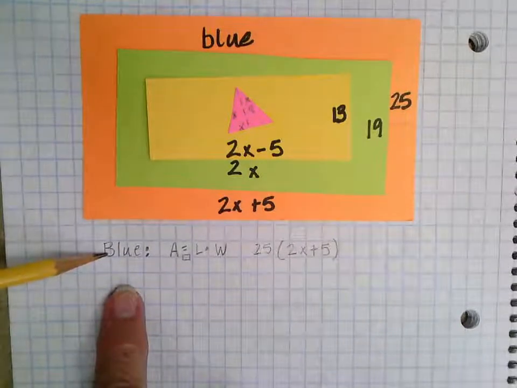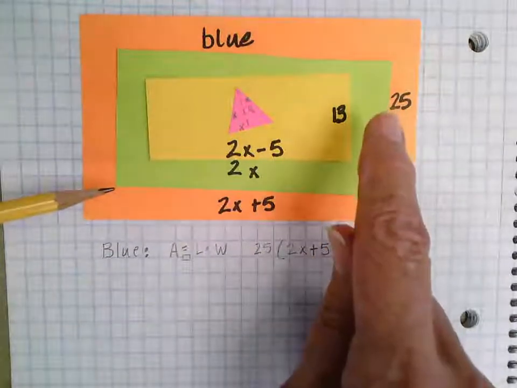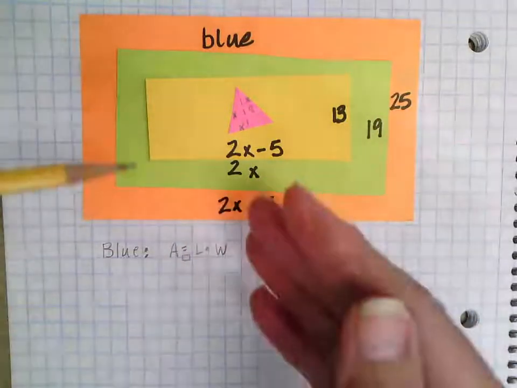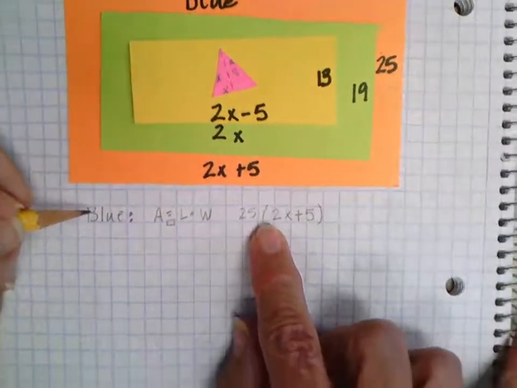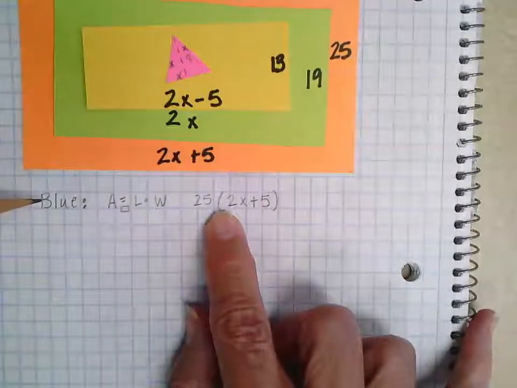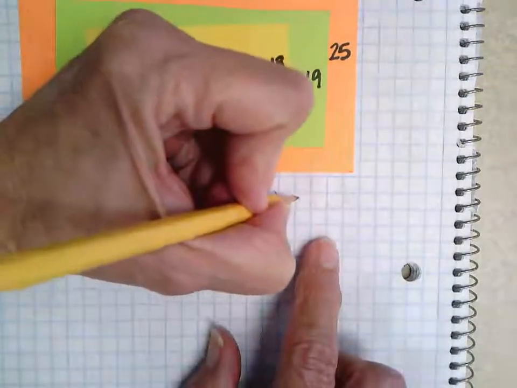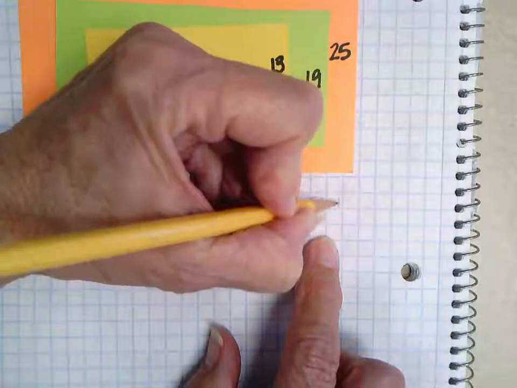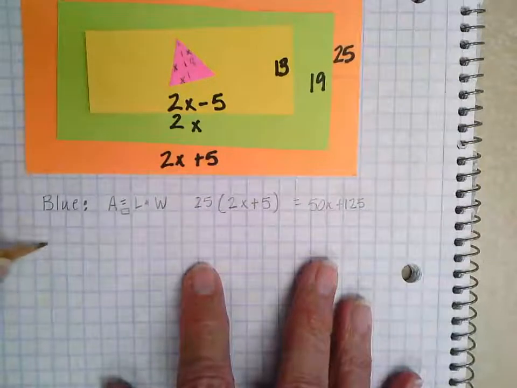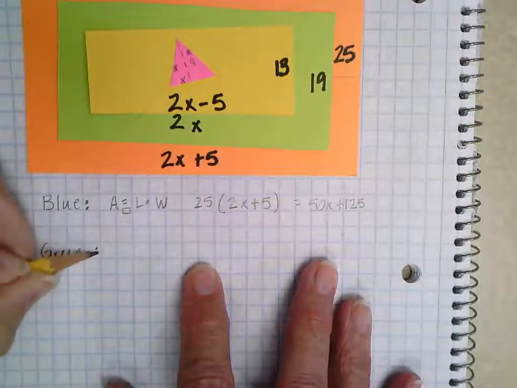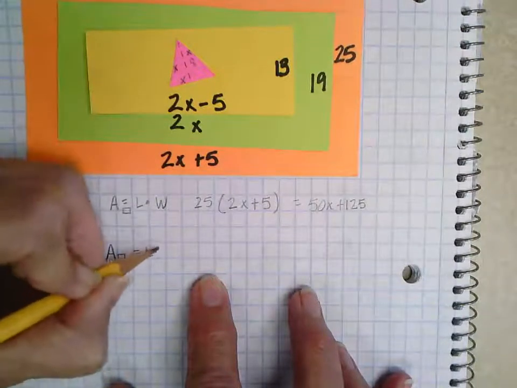But first, we're just going to write down the areas as if the other areas are not stacked up on top of them. So when we use the distributive property for our blue area, we would get 50x plus 125. And when we do the same thing for the green area, again, we're going to use the area of the rectangle equal to length times width.